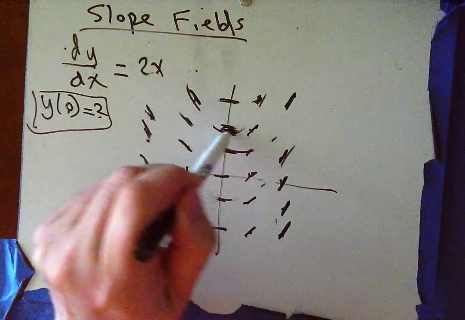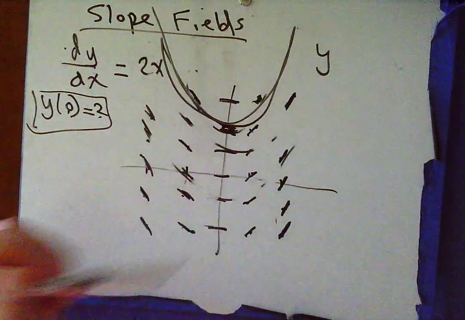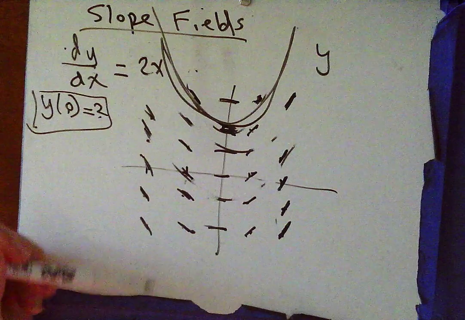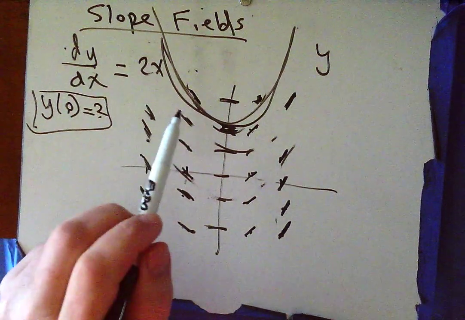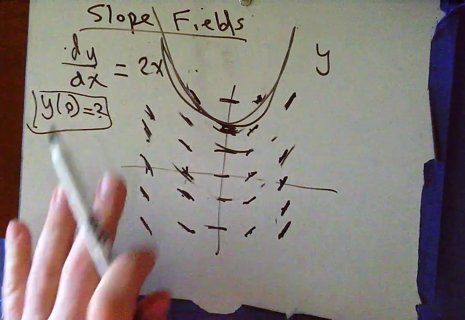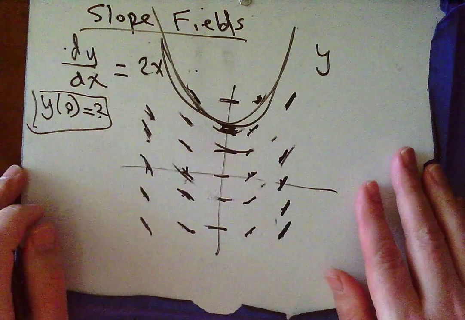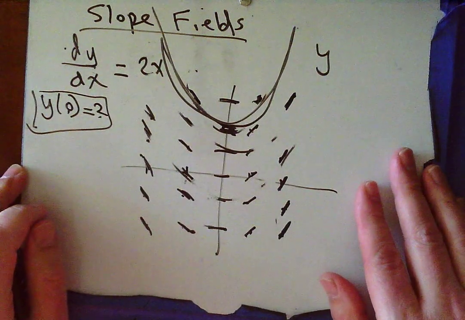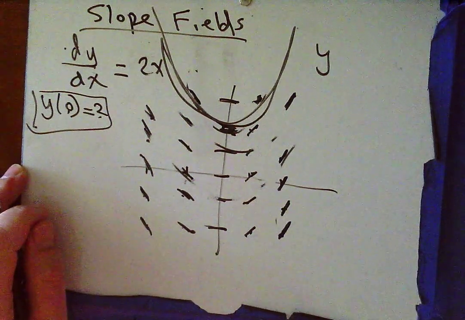So (0, 2) is here, and this is my y function. They're not asking me to come up with an equation for that in this problem. They just want me to be able to say, I can see in this pattern of slope marks that I'm going to have a bunch of nested parabolas.